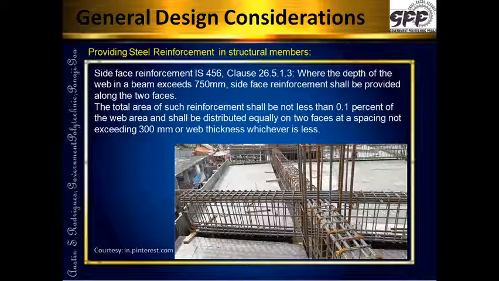So whenever we have the web projection as 750 or above, we need to provide side face reinforcement which is 0.1% of the web area, and it has to be equally divided on both the faces at a distance not exceeding 300 mm or whatever is the web thickness. Suppose the web thickness is only 200. In that case the spacing should be maintained as 200 mm itself.